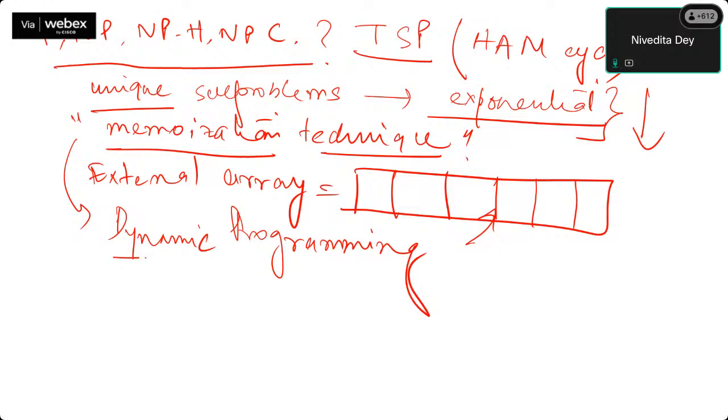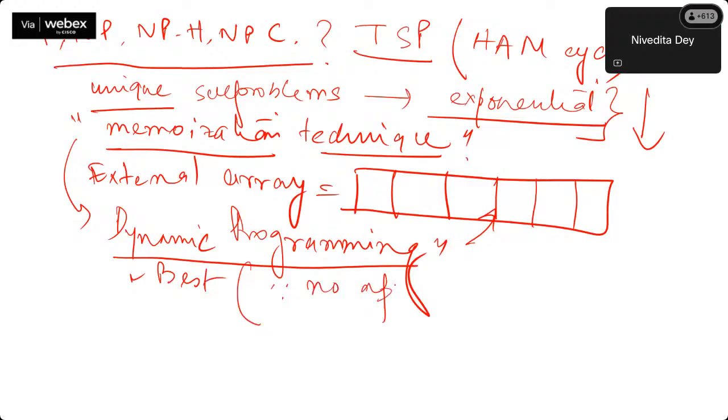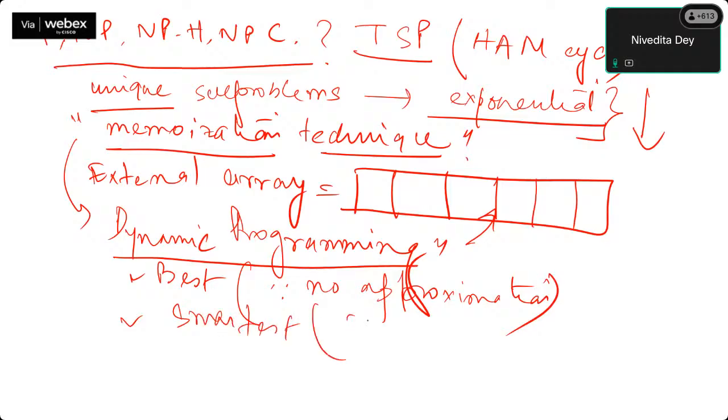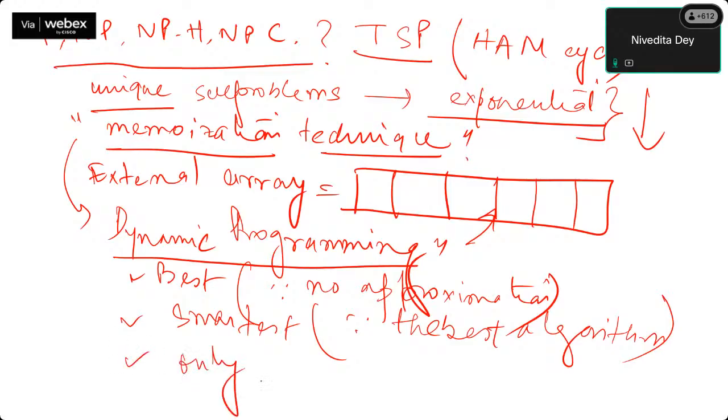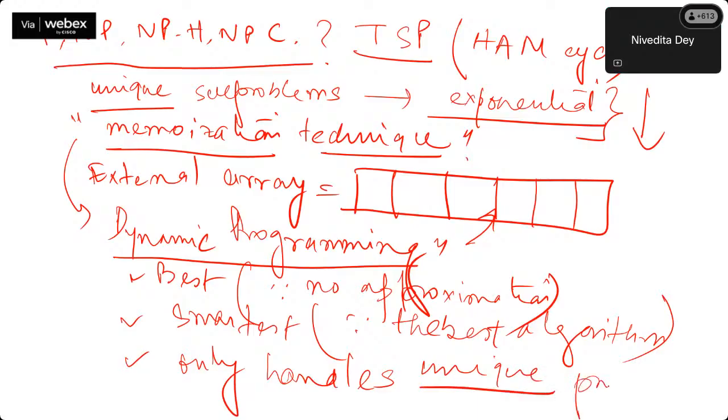Why are we referring to dynamic programming? Because this is so far the best, has no approximation, smartest, the best algorithm, and only handles unique problems or subproblems.